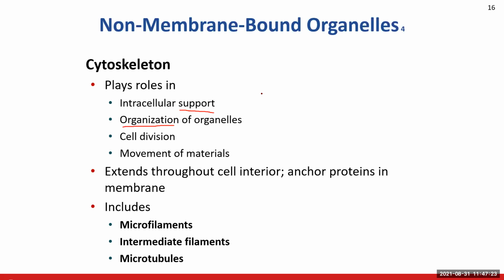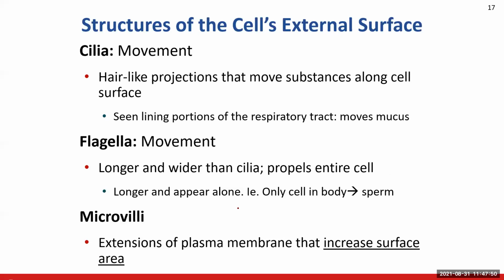And then for certain structures, like those transport vesicles, for example, when they're moving around inside the cell from the Golgi apparatus to, say, the plasma membrane, we utilize the cytoskeleton to help move those structures. So there's 3 types: the microfilaments, the intermediate filaments, and the microtubules. The microtubules are the smallest. The microfilaments are the largest.